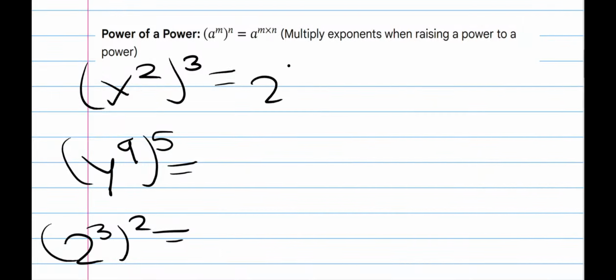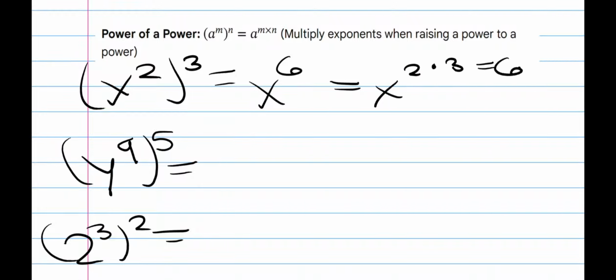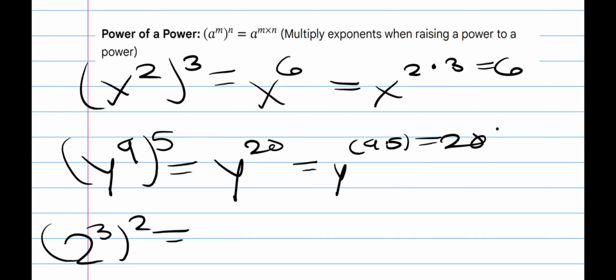You would get x to the power of 6, because that would be 2 times 3, which is 6. And next y to the power of 20, because y is 4 times 5. You multiply the exponents. That's how simple it is.